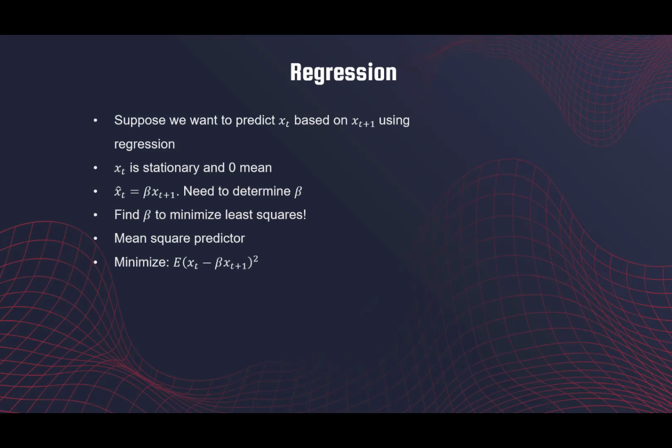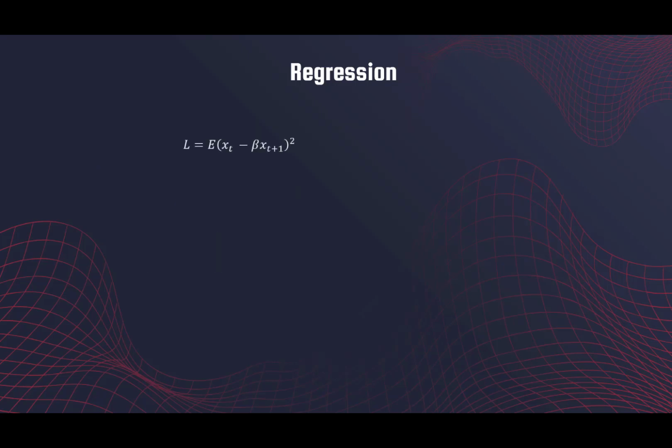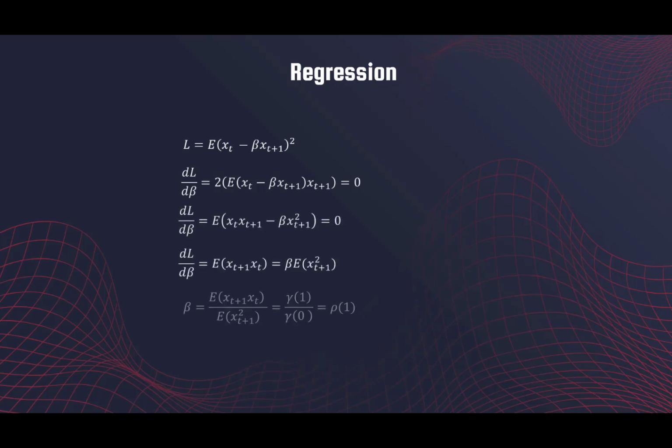We do the same thing: differentiate with respect to beta, equate to 0, solve for beta, and surprise, we get the same value for beta again. That's rho_1. So the predicted value of x_t is rho_1 times x_{t+1}.